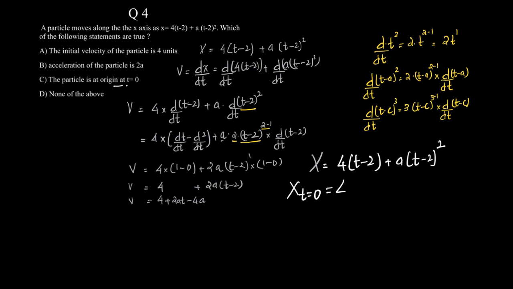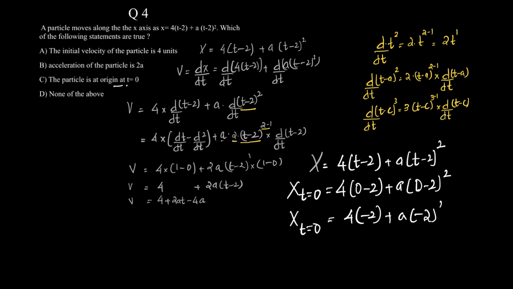It is 4 into (0 minus 2) plus a into (0 minus 2) the whole square, which is 4 into minus 2 plus a into minus 2 whole square.